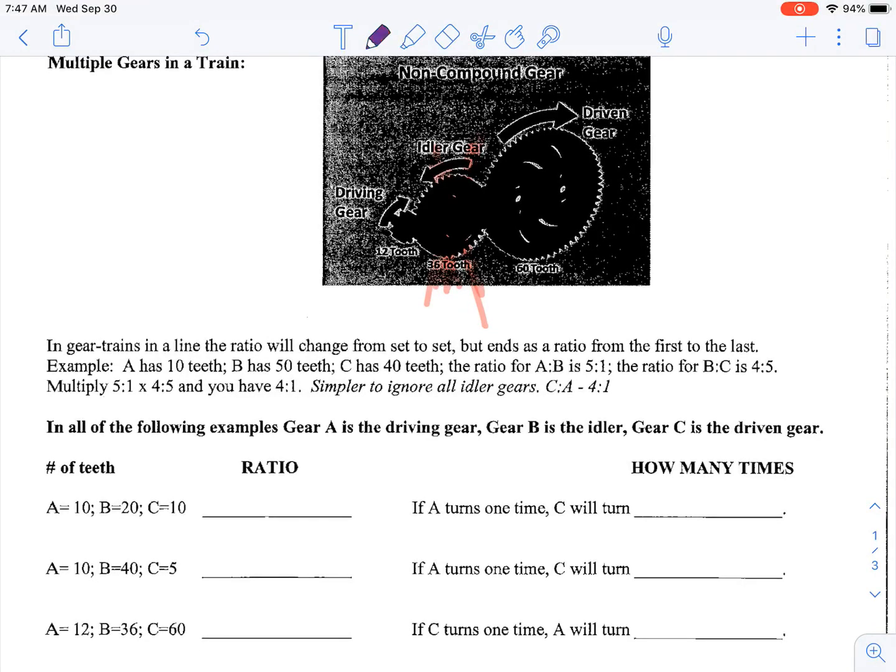So our gear ratio here, for C to A, would be 10 to 10 because we're going to ignore this middle gear. And when we reduce it, I know 10 will go into both, so I'm down to 1 and 1.